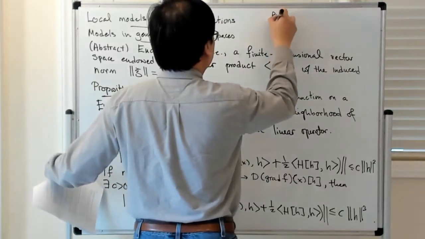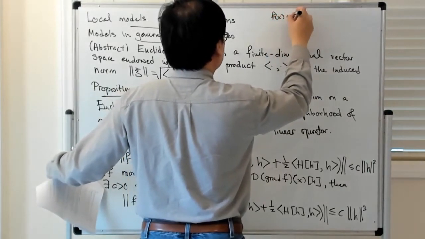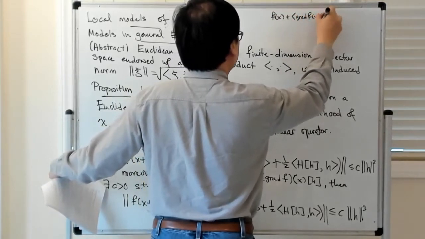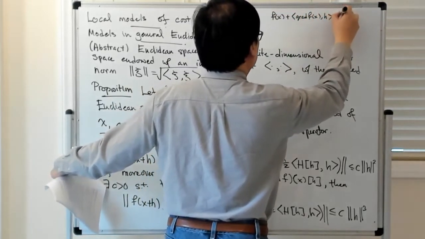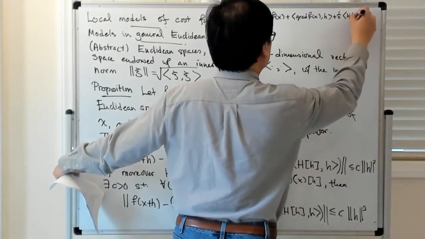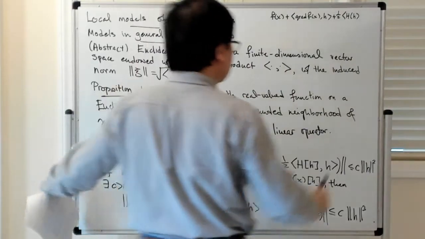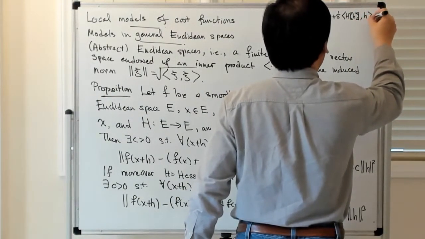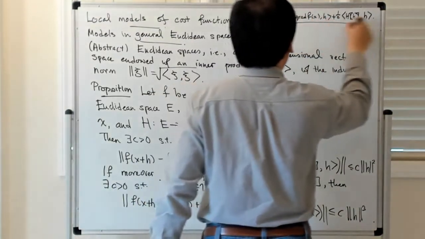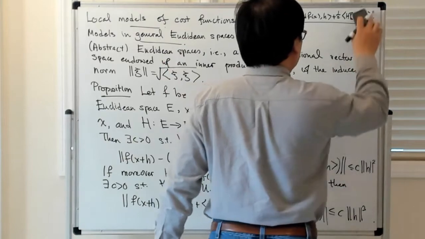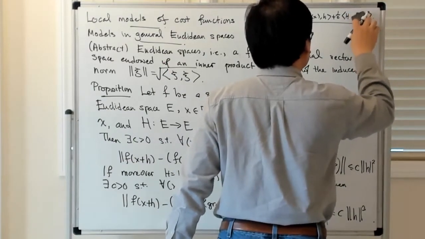So this is f of x plus the gradient of f at x paired with h, plus 1/2 H acting on h paired with h. So that's the analog of the Taylor expansion.